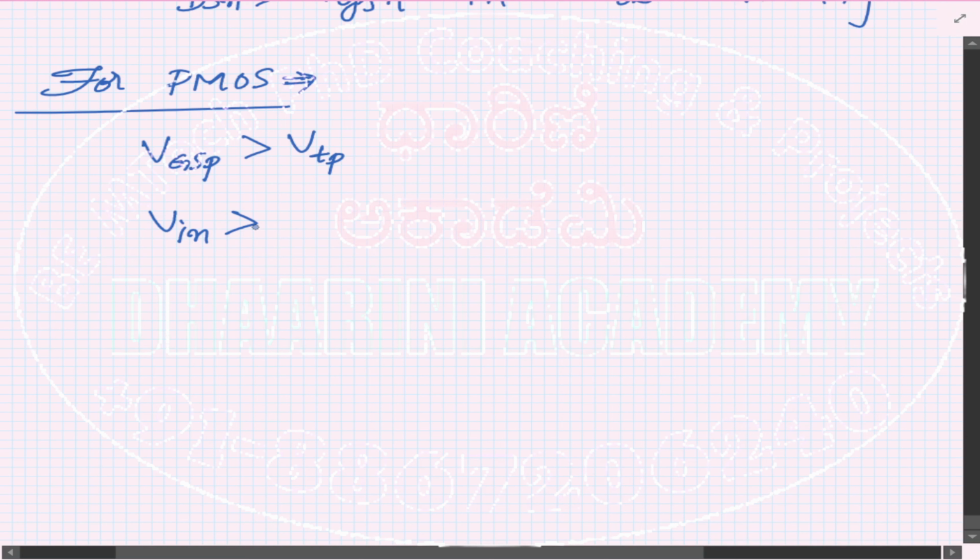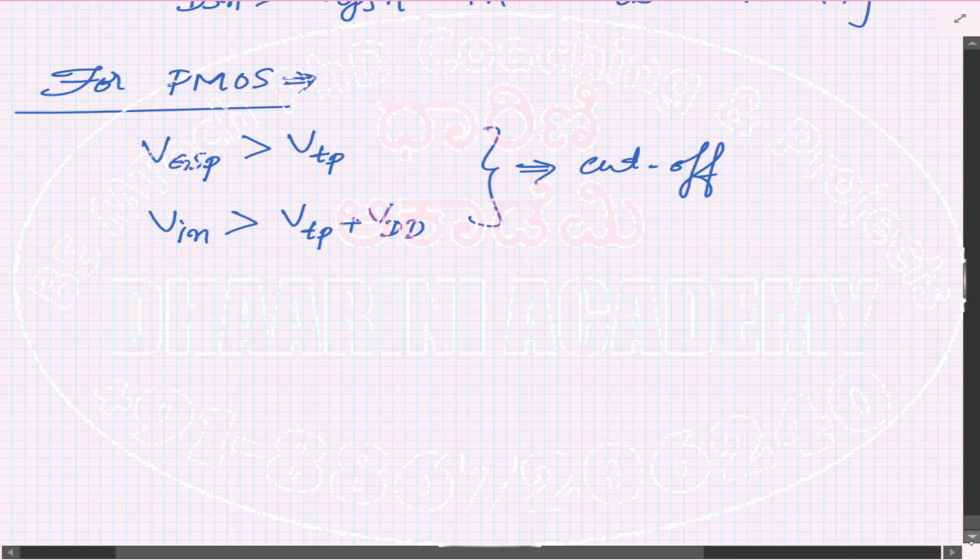This is the cutoff condition of a PMOS. All right. Or Vin should be greater than VTP plus VDD, because there is a supply voltage at the top. If either of these conditions is met, the PMOS device is in cutoff.